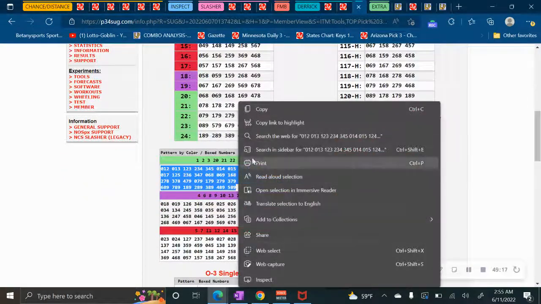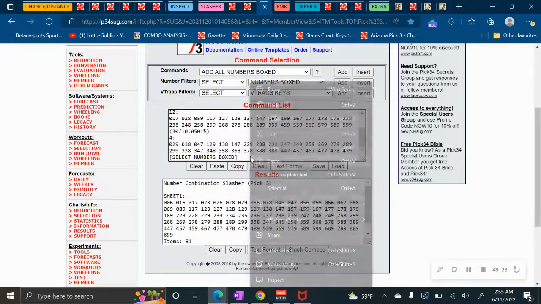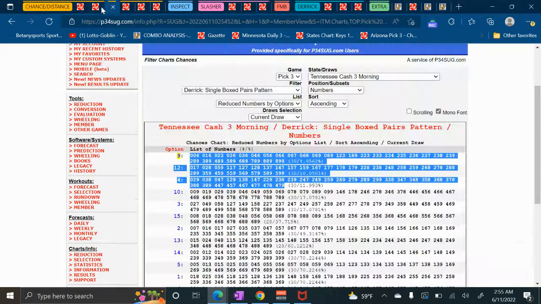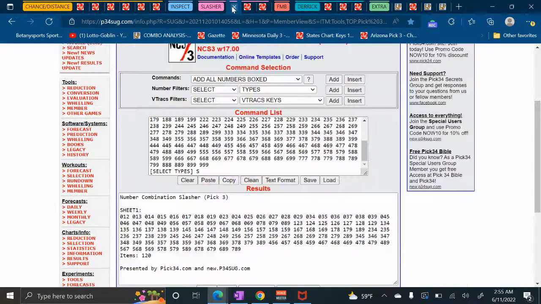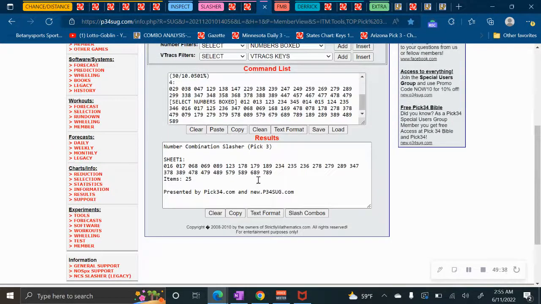I don't know what I'm doing anymore. I can't remember what state I'm even doing this for. So I'll do green. Yeah, this is for Tennessee, right? Yeah, Tennessee. So green, what does that give me down to? It gives me down to 25 numbers boxed. And then you could go and look at keys they're doing, all that stuff.